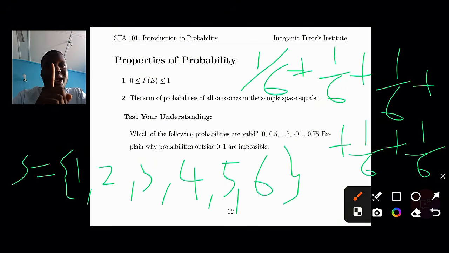In that case, each of them has a probability of 1/6 of appearing. And the second property is saying that when you sum all these probabilities for each of the outcomes, so 1 has 1/6, 2 has 1/6, 3 has 1/6, each of them has 1/6, when we sum the probabilities for all of them, it should be equal to 1.